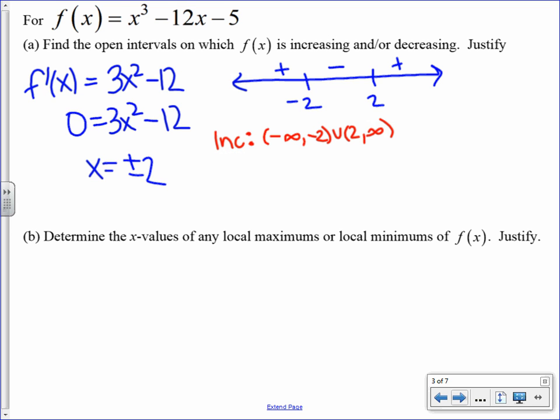If I ask you to justify that these are our increasing intervals, you realize positive or negative, because f prime of x is positive. We are decreasing from -2 to 2. If I asked you to justify that, you would tell me.